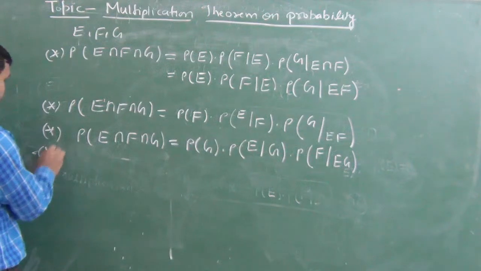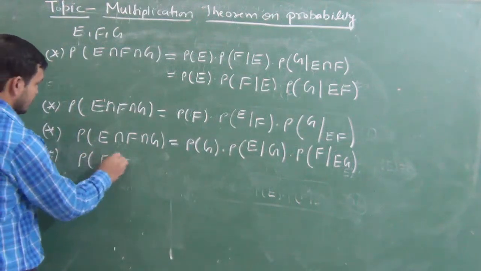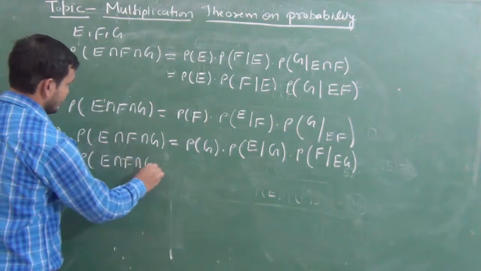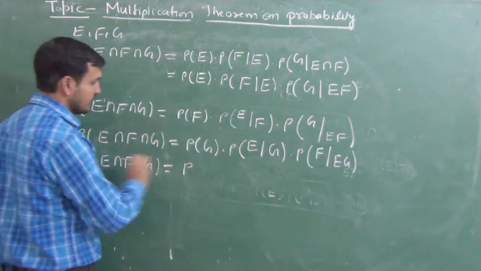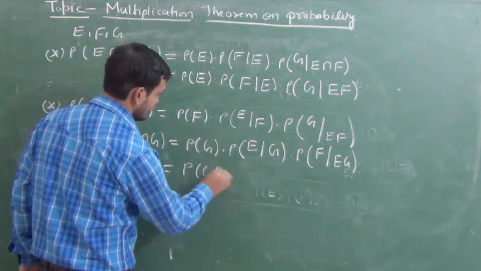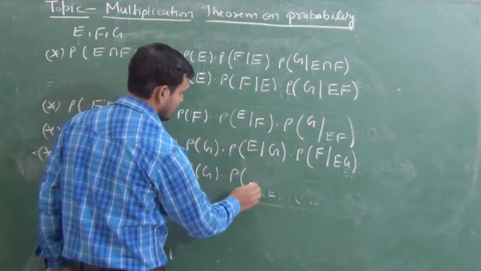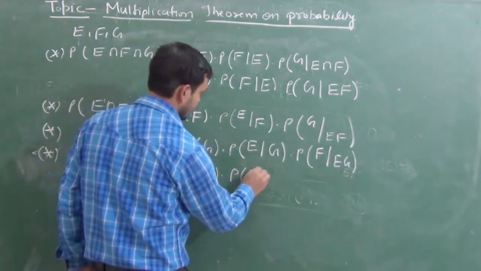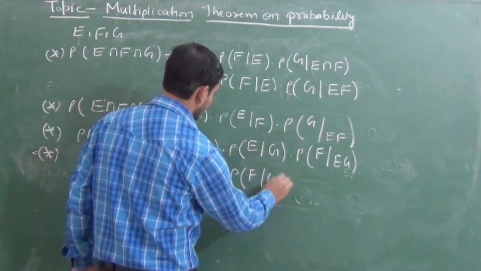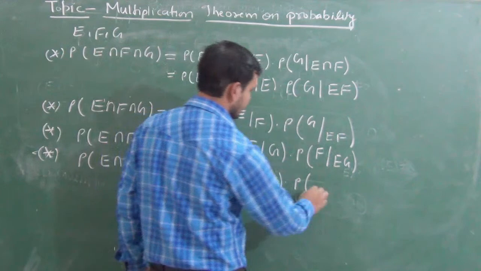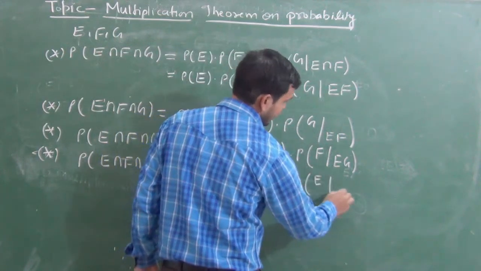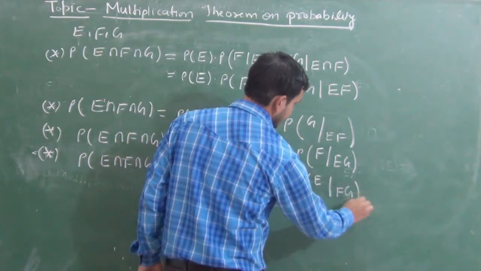Or we may also write probability of E intersection F intersection G is equal to probability of G into probability of F when G has occurred into probability of E when F and G have occurred.